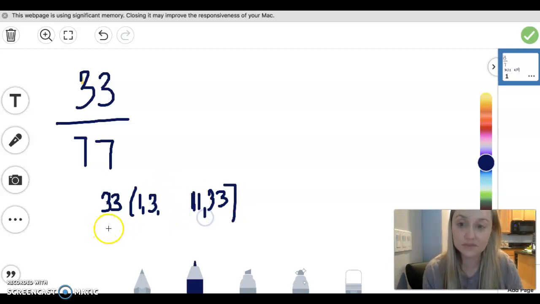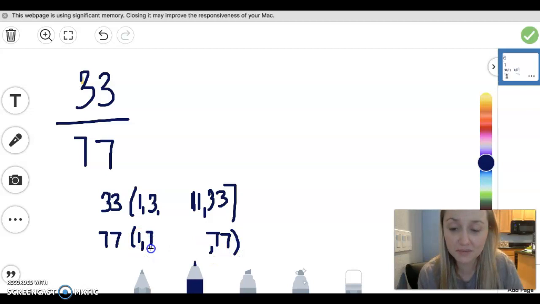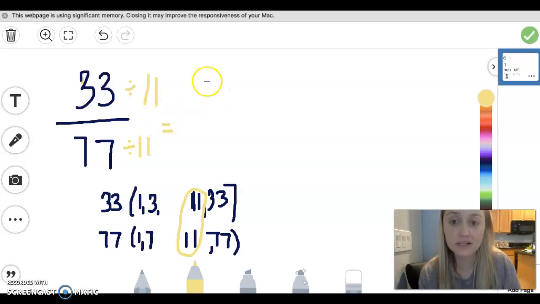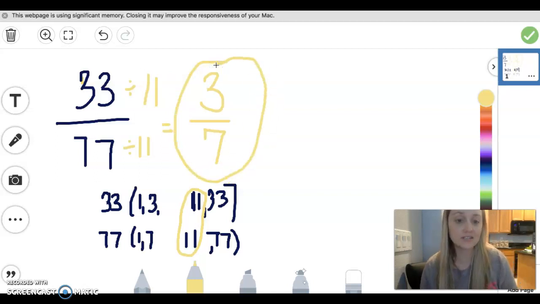For 77, we have 1, 77. Sorry, my numbers are so off. I've been typing all day. All right, so here, our greatest number would be 11. So whatever you do on the top, you must do on the bottom. So 33 divided by 11 would be 3, and 77 divided by 11 would be 7. So that would be your answer here.